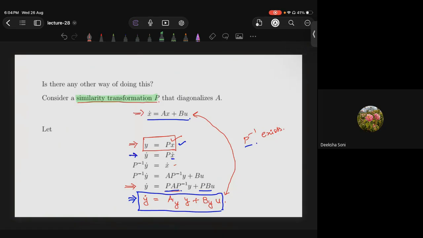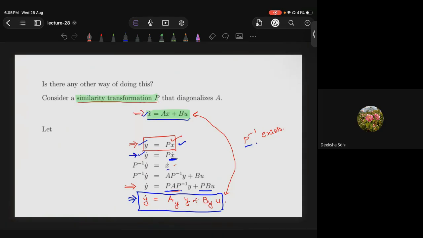We have x dot is equal to Ax plus Bu. We choose the transformation y is equal to Px, where P is some matrix. You take y dot is equal to P x dot and substitute this x dot from here.